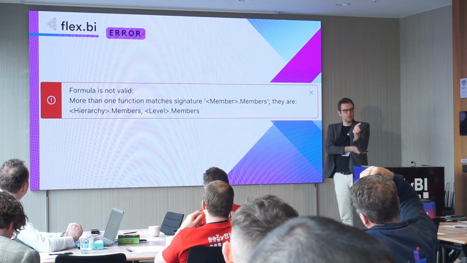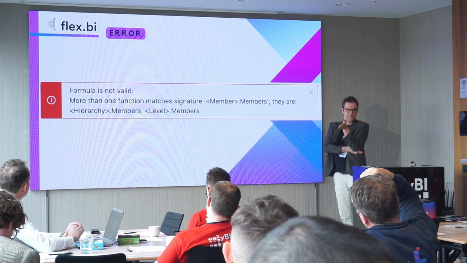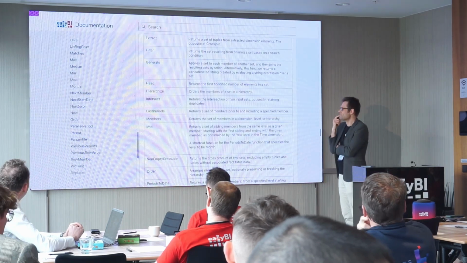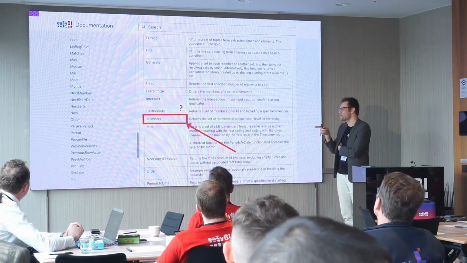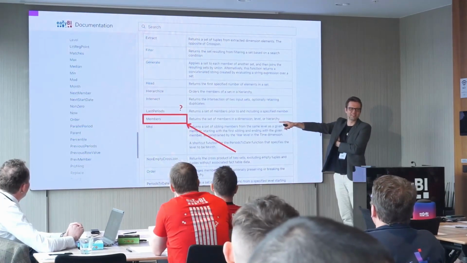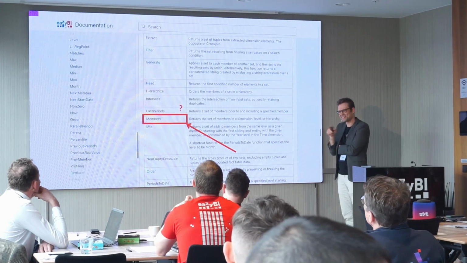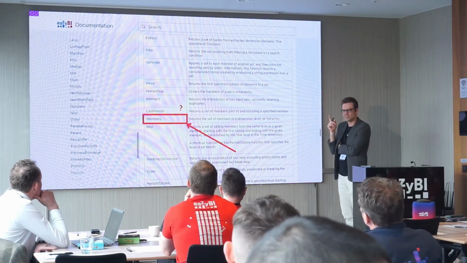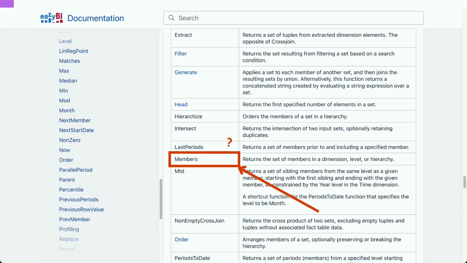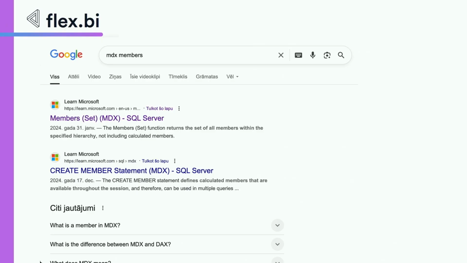So again, we're going to go to documentation, right? However, eazyBI doesn't have documentation for members, which is a surprise still. But I'll tell you a secret technique on how to get more documentation information for members, and that is to use Google.